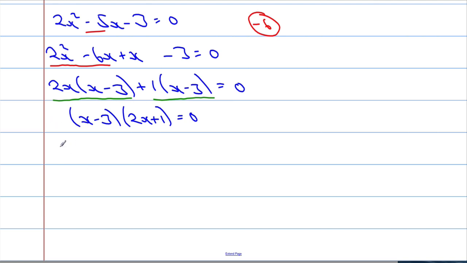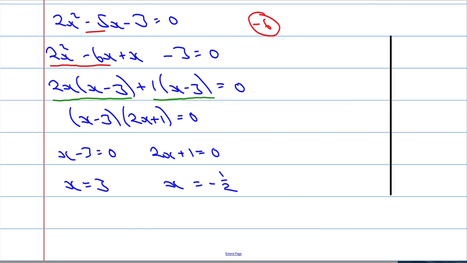Okay, so x subtract 3 must be equal to 0, and 2x plus 1 must be equal to 0. Solving this linear equation we get x equals 3, and solving this one we get x equals negative 1/2. So we've solved it equal to 0. Next job, sketch the quadratic.